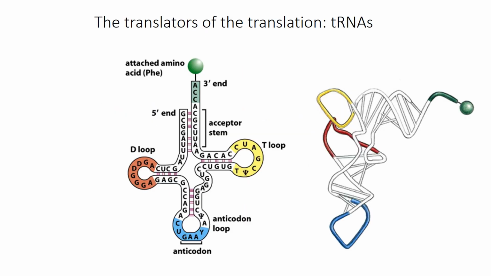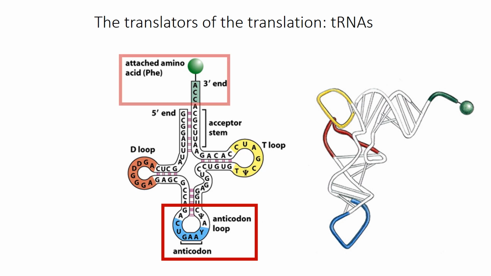How does this all work? So let's take a closer look at the translators. The tRNA on the left, you see the cloverleaf representation of the tRNA. On the right, the 3D structure. It will have an anticodon loop at the bottom. This will basically specify which amino acid has to attach to the 3' end.